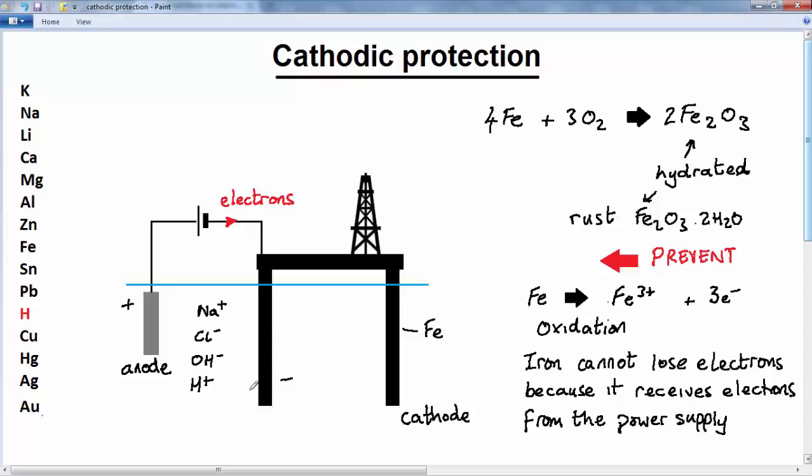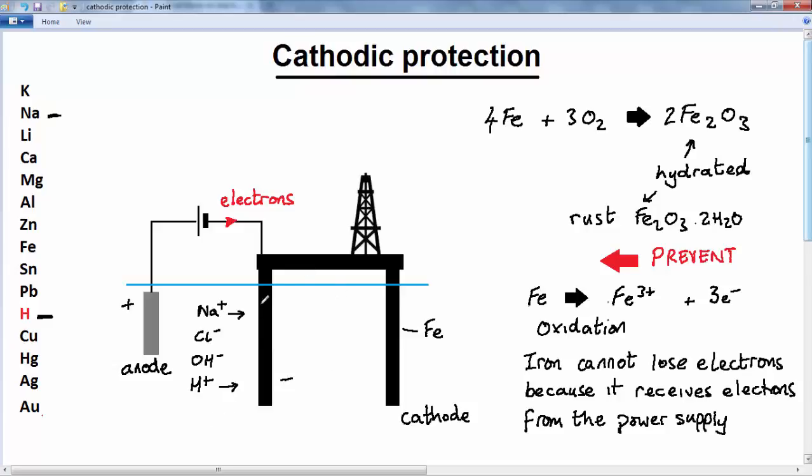Since the cathode is negative, the hydrogen ions are going to migrate towards the oil rig. When they come in contact with the oil rig, it's going to be the hydrogen that receives the electrons. The hydrogen is going to be reduced because it's much lower down in the reactivity series than sodium. So we're going to get hydrogen being reduced here.